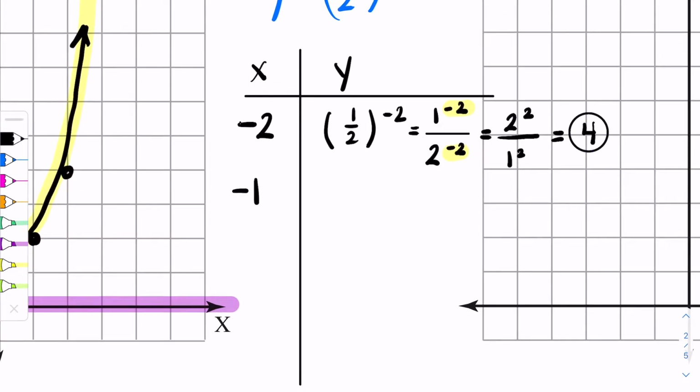Next we'll test -1. 1/2 raised to the power of -1 is the same thing as 1 to the power of -1 over 2 to the power of -1. Swap locations, this would be 2 over 1, which is just 2.